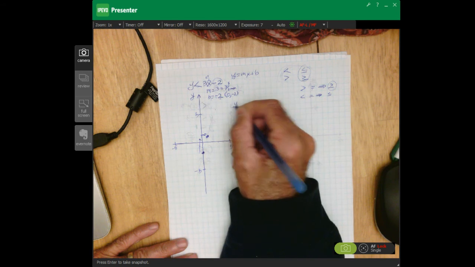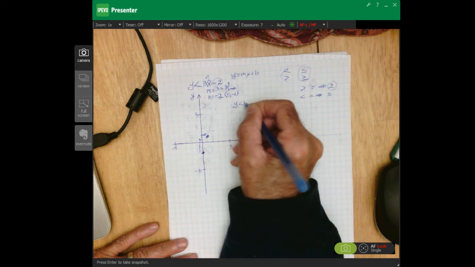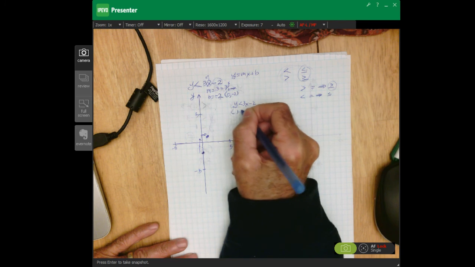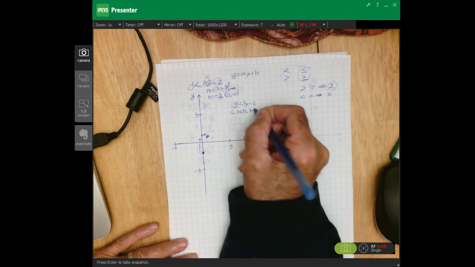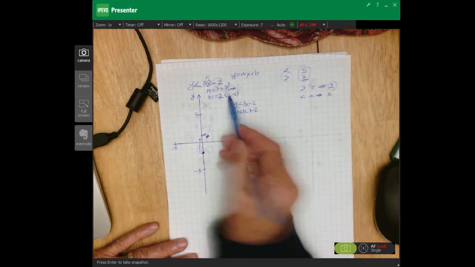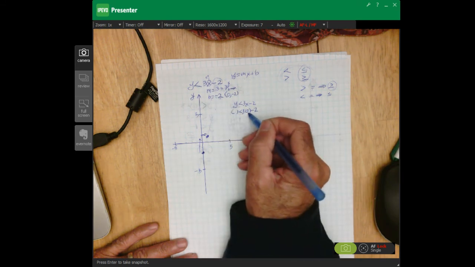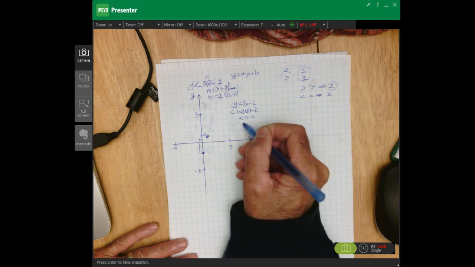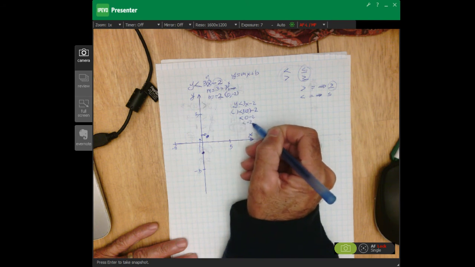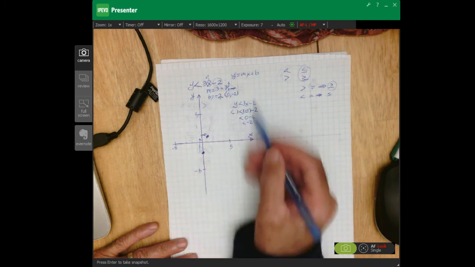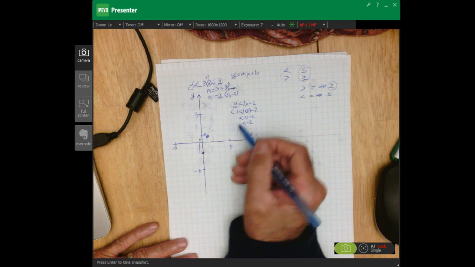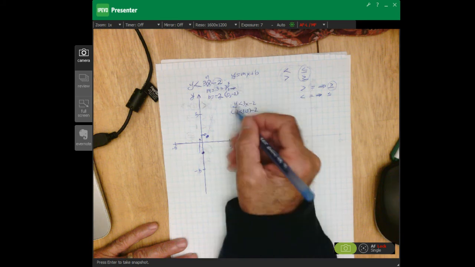If you plug that in, zero goes here, right? 3 times 0 is 0. 0 minus 2 is -2. Okay, so if this was an equality, we would have y equals -2, right? Which is that number right there.